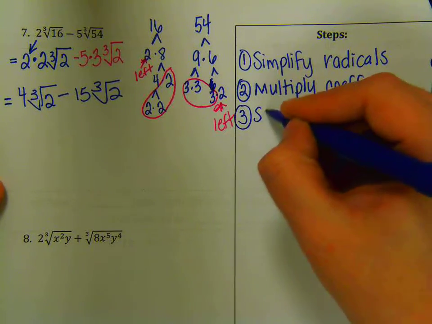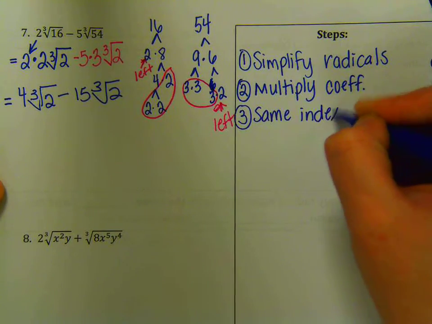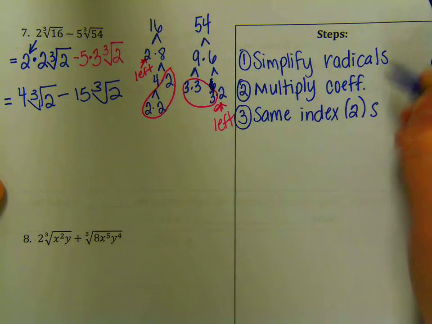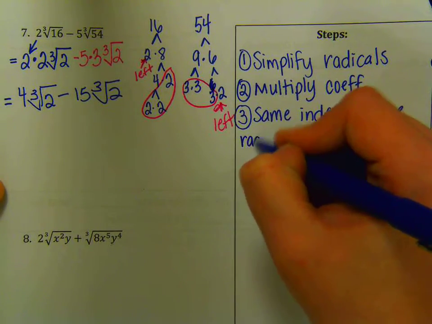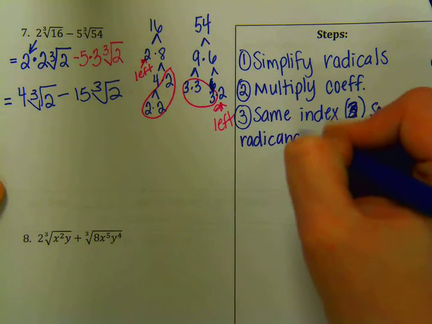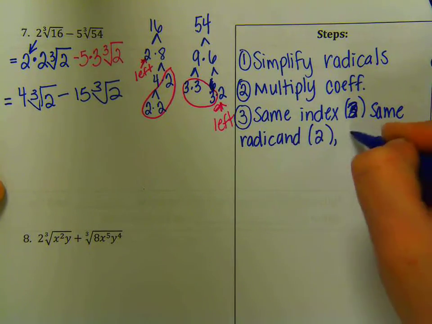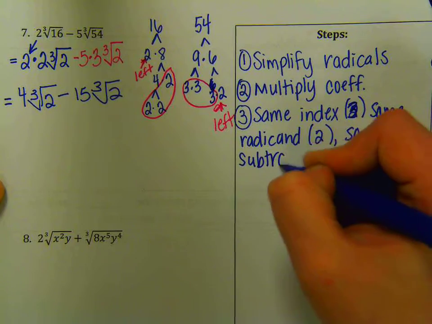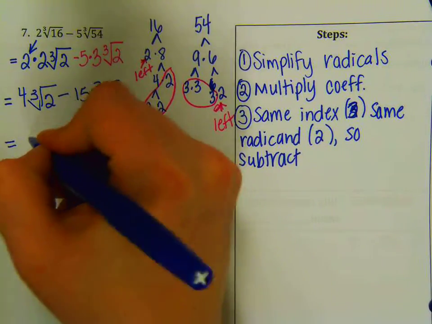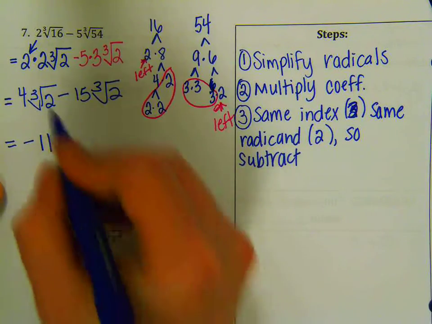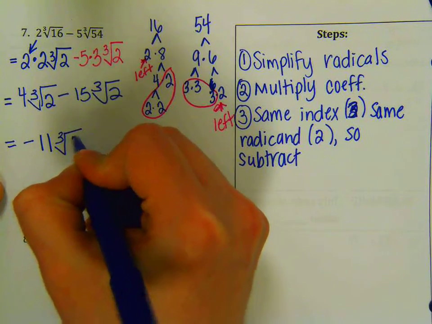So same index, same radicand. 4 minus 15 is negative 11. And then we just keep that cubed root of 2 left over.